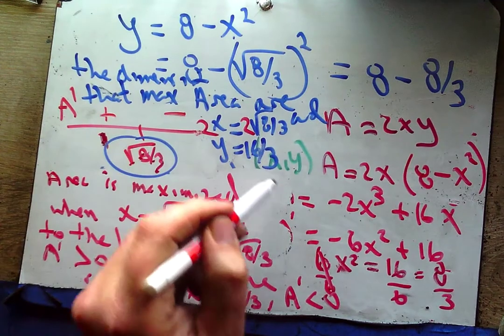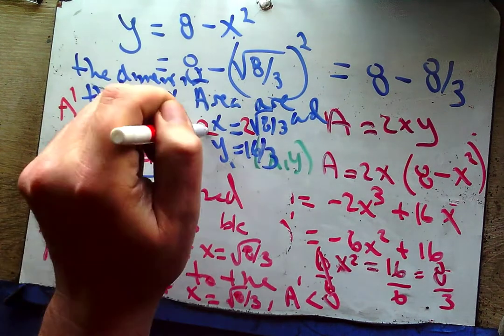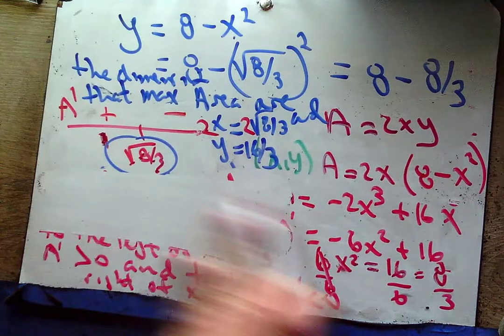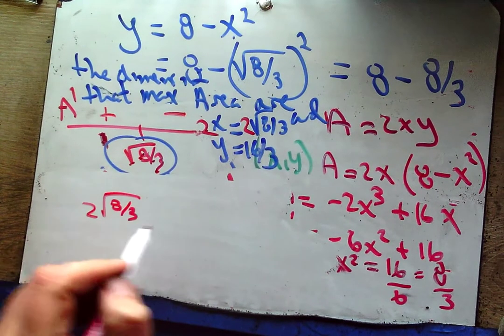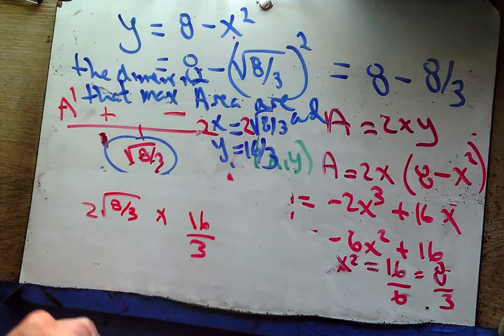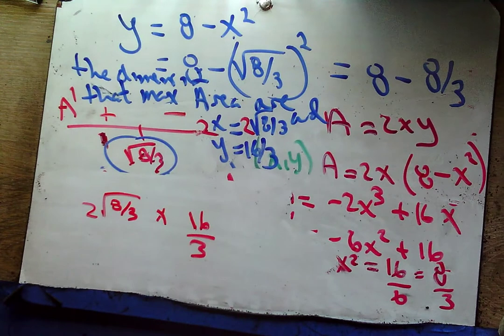Because of that reflection, we didn't just have 1x, we had the 2x's. So I need 2x. There we go. And so my dimensions will be 2 square root of 8 thirds by 16 thirds. Those are the dimensions that produce the largest area.